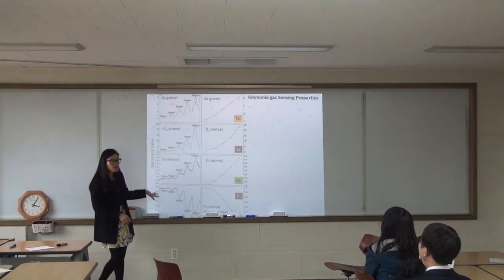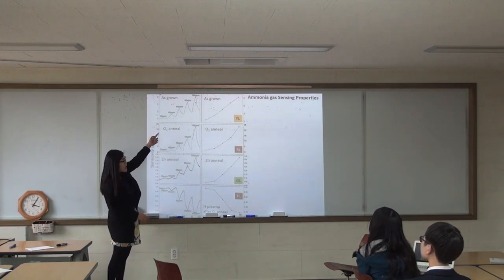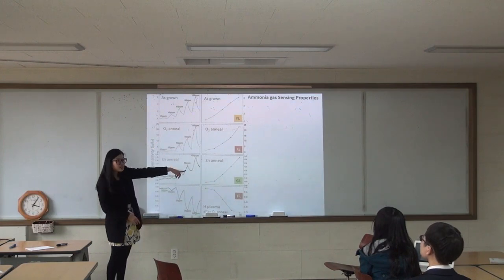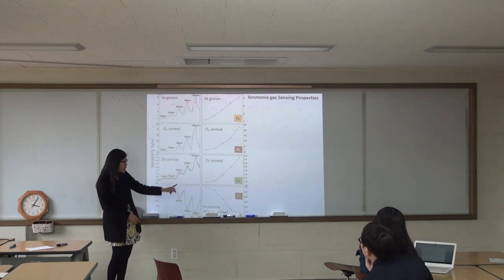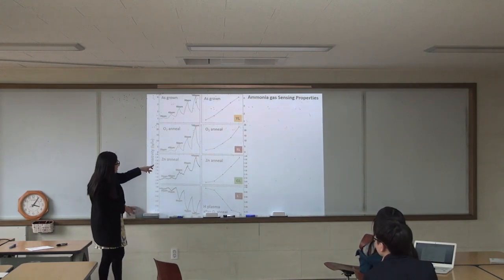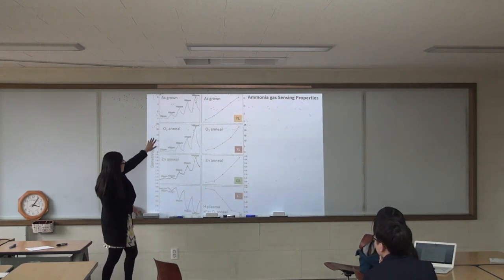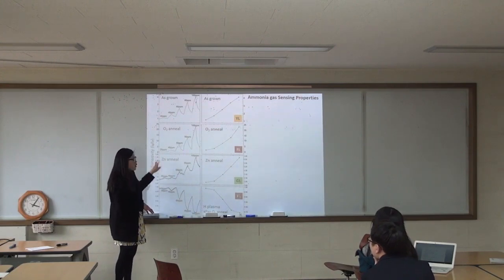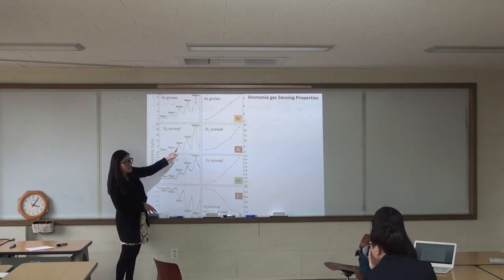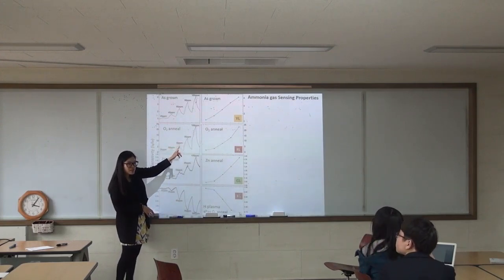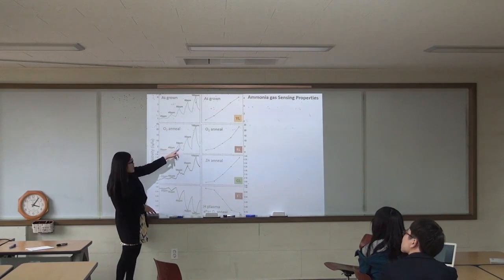So now I compare 4 samples. The first one is the as-grown sample that produces yellow luminescence. Second one, oxygen anneal, produces red luminescence, then zinc anneal, and this one is hydrogen plasma after oxygen anneal. As you can see, for 3 of these, the as-grown, oxygen and zinc anneal, when the concentration of ammonia, shown from 20 ppm to 100 ppm, increases, the sensitivity is higher.